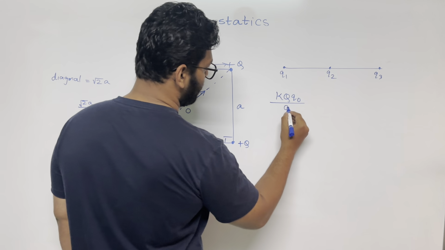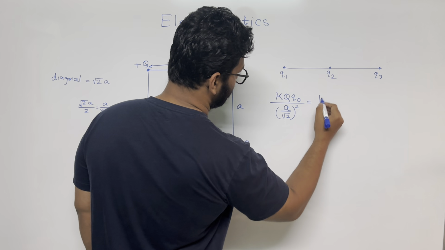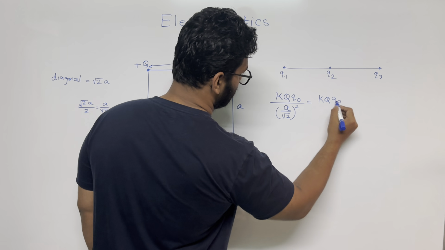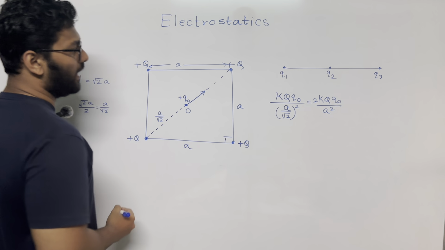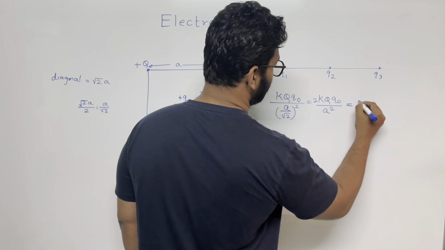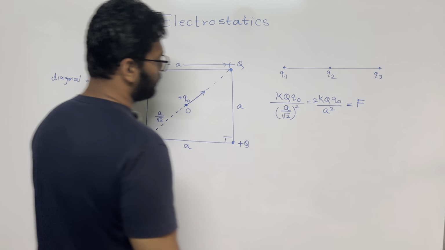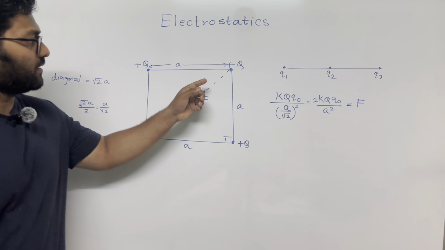So this will be kq0 divided by a square into 2, right? Let me call this whole thing as F, the force. Here that force will be applied, F, but in this direction.